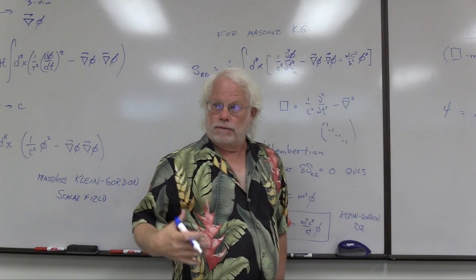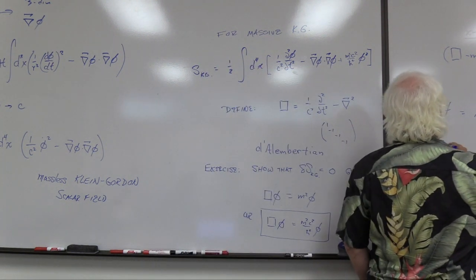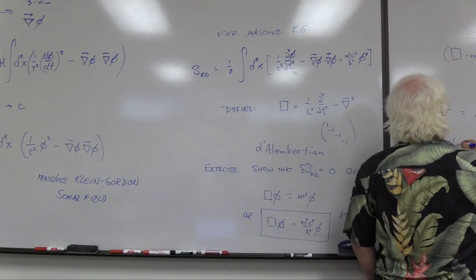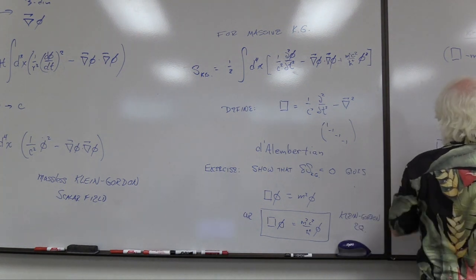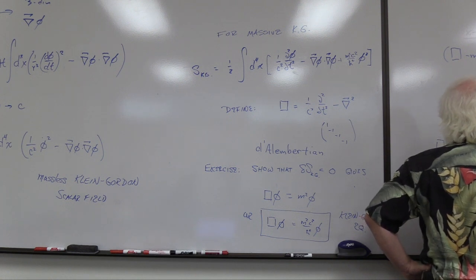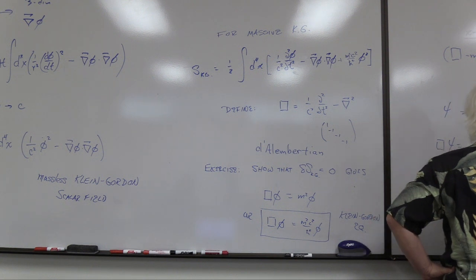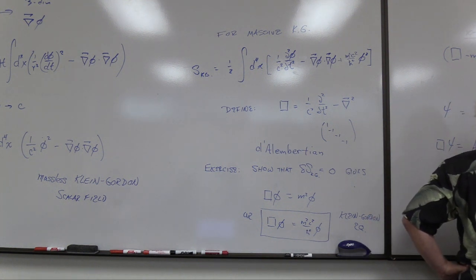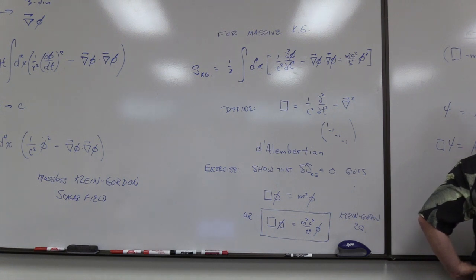A relativistic plane wave. And if I apply box to this, where a is just some constant, that's going to be minus 1 over c squared d squared dt squared plus del squared, acting on e to the i over h bar p dot x minus E t.